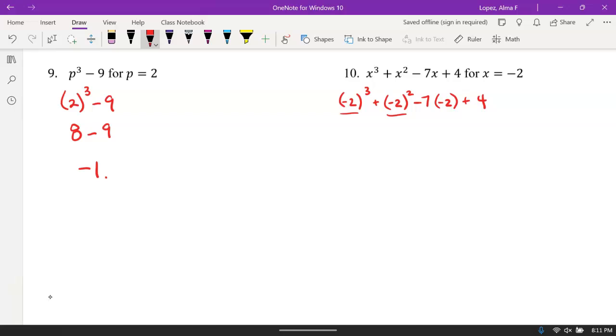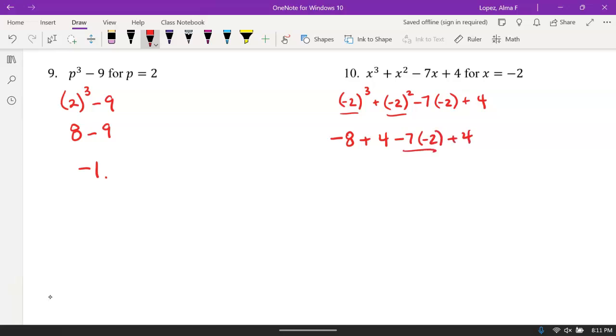Okay, 3 negatives are going to be what? That's right, it's going to be negative. And 2 to the third power is 2 times 2 times 2, which is 8. All right, on the next one, negative 2 squared. Well, 2 negatives are going to make a positive, and 2 times 2 is 4. The rest of it down.